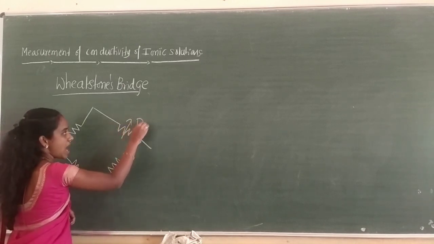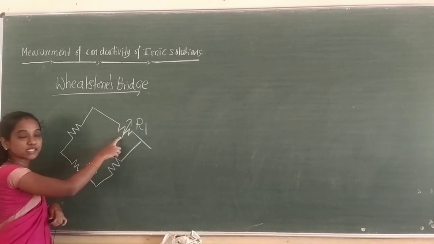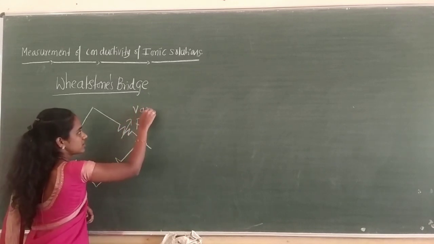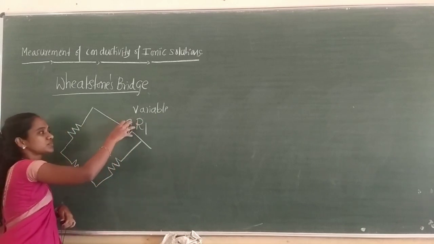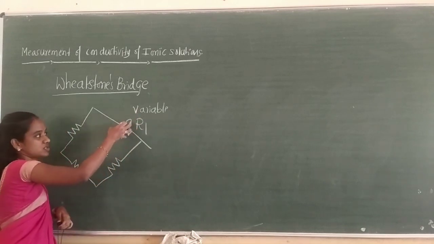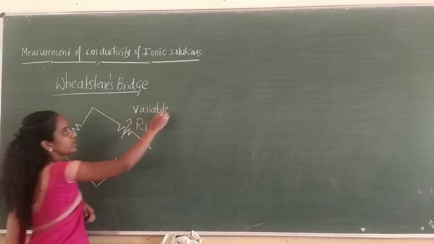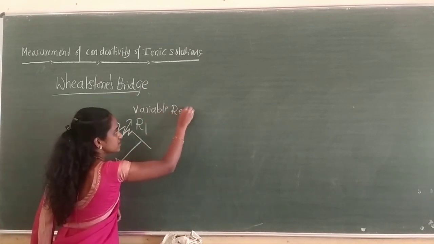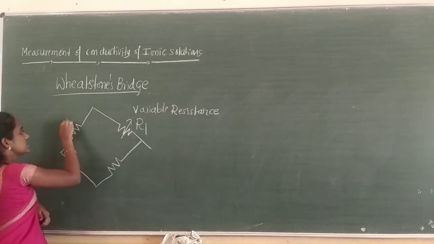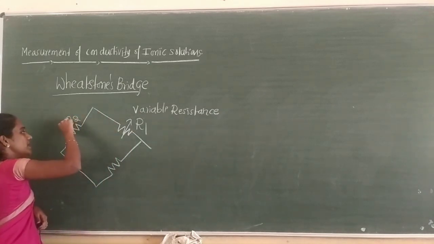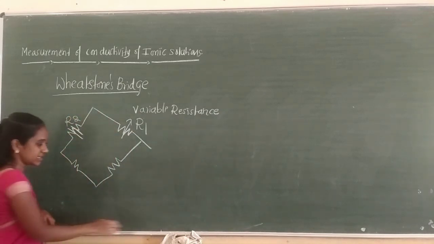This is R1, where R1 is a variable resistance. You can vary the resistance, or you can choose different values for resistance. This is R2, and here we use a conductivity cell.